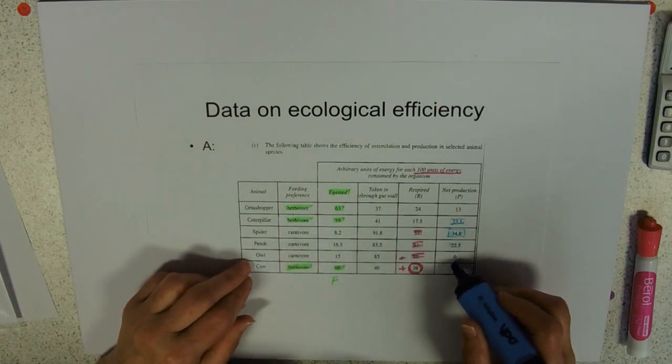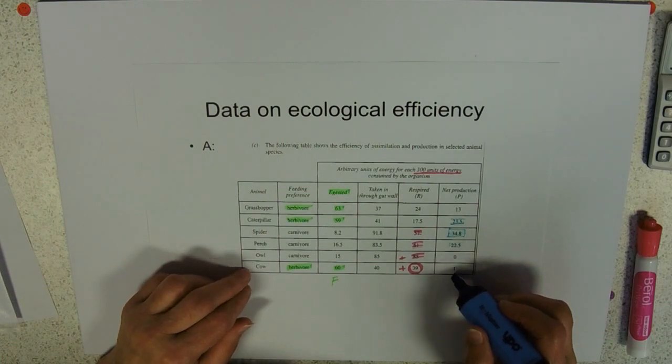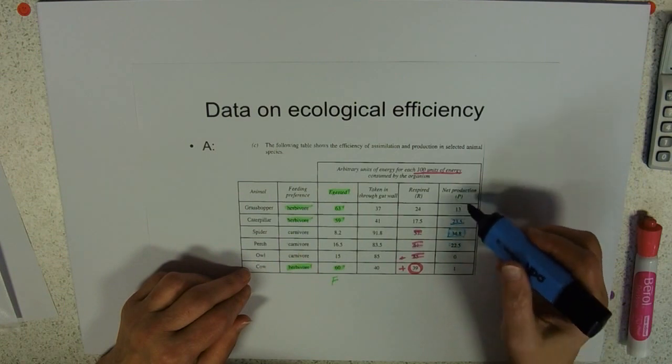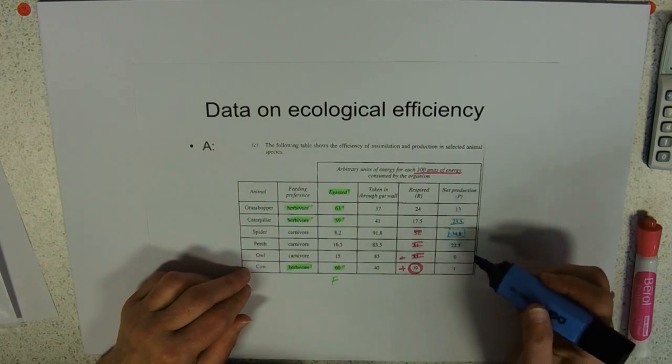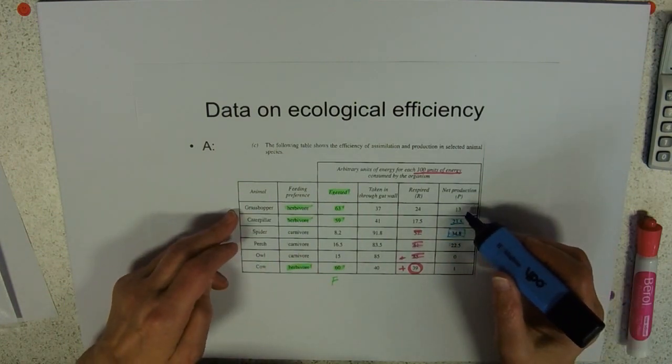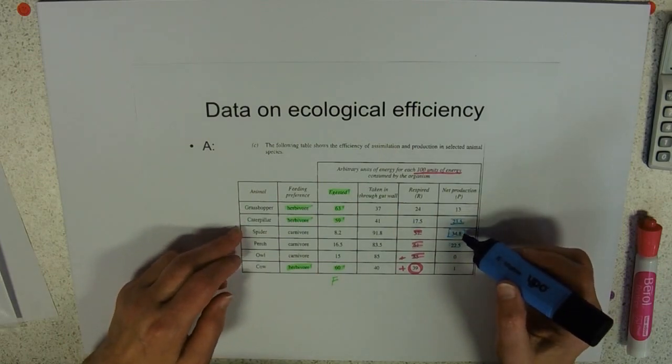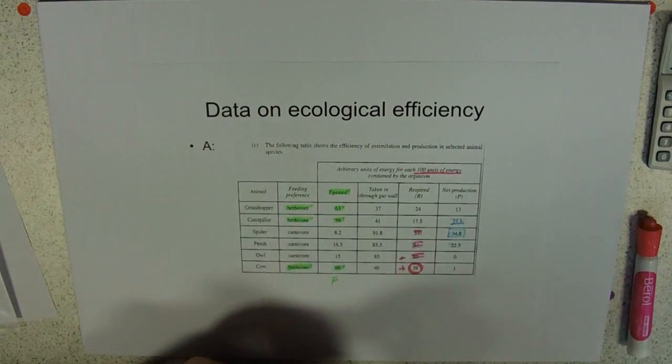The owl's making no new body mass at all. The cow's only producing 1 unit, 1% of its energy is going into making new cow stuff. Then 13%, 23.5, 22.5, 34.8.